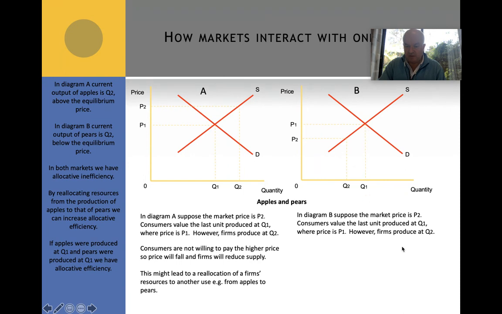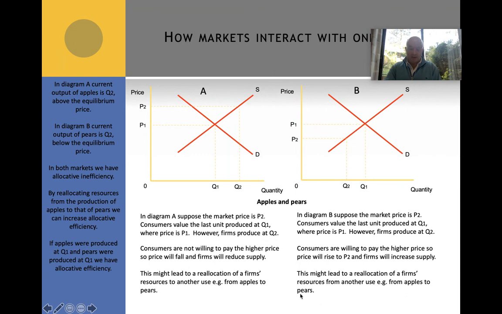Okay, and so if firms choose to produce at Q2, that clearly is not actually satisfying exactly what we want from the market, because in this situation consumers are willing to pay that higher price, and so the price could rise and will rise to P2, and firms will then increase supply. And that again would possibly lead to a reallocation of a firm's resources from one use to another.